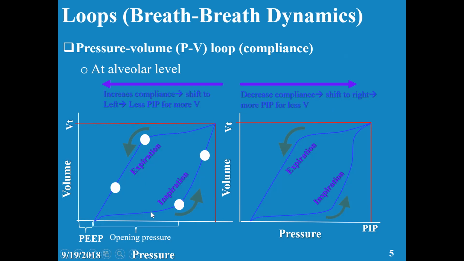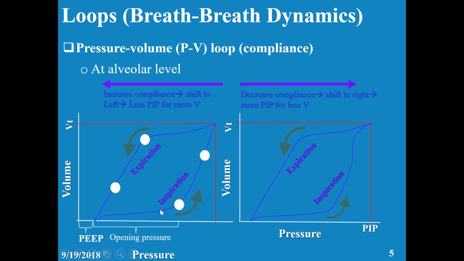There is more pressure, less volume, more pressure, less volume, until we reach a point, this dotted line, where a little bit of pressure gets much volume. Then there is a point where you get less volume again: more pressure, less volume.